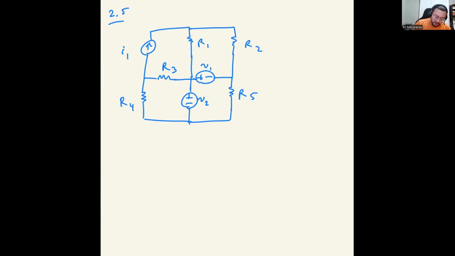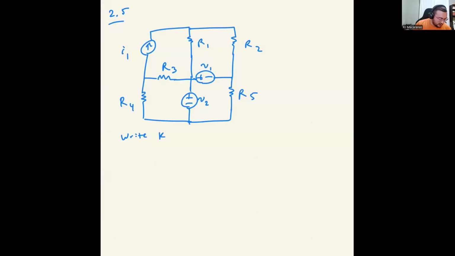But all that we're trying to do here is write KCL for every node. In order to do so, we need to actually figure out how many nodes there are and what currents are going in and out of them. So they've labeled this top node, node 1, this one node 2, this one node 3, node 4 here, and node 5 is this bottom one.